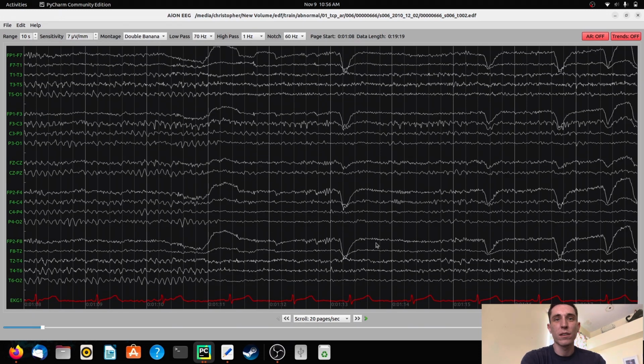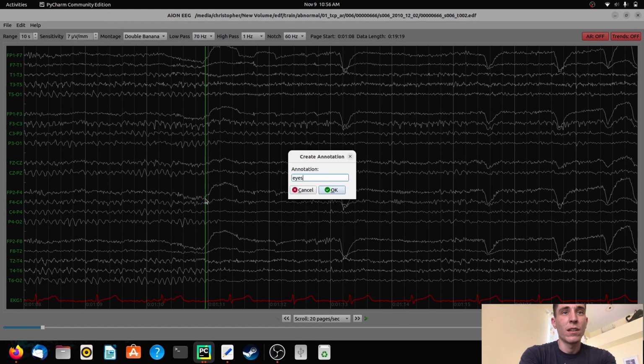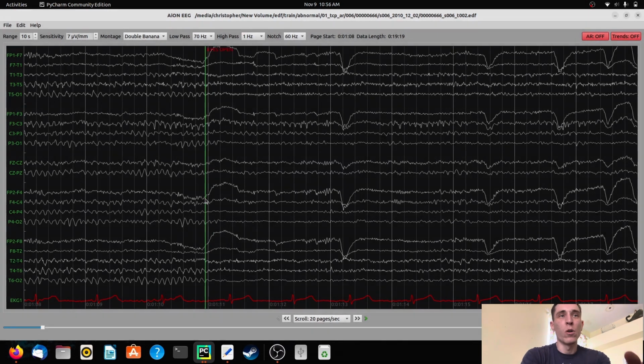And what are these things right here? Well, my friends, the answer is the patient opened their eyes. So when the patient opens their eyes, the posterior dominant rhythm goes away, and when they close their eyes, the posterior dominant rhythm right here reappears.